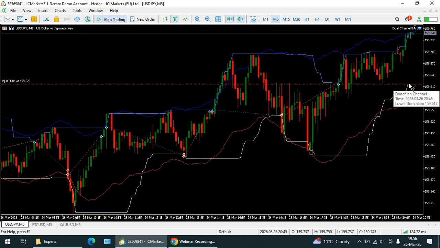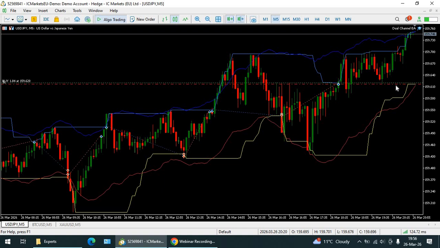And you can see here this yellow line, and here is the stop loss. So I hope it's simple, but for more watch the webinar.